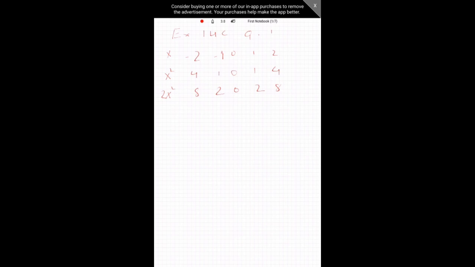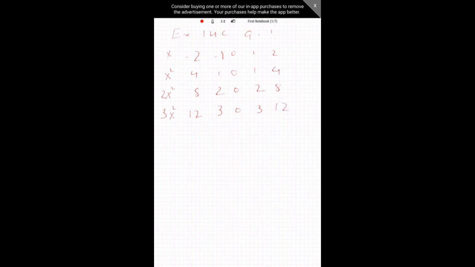If y is equal to 3x square, so it will be 4 multiplied by 3, 12, 3, 0 and 3 and 12. This is the table.